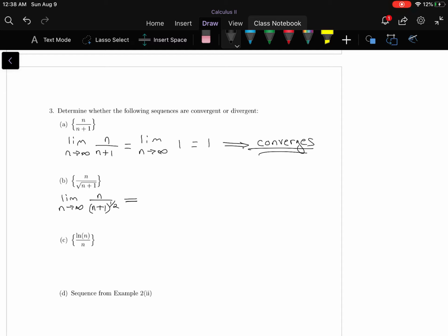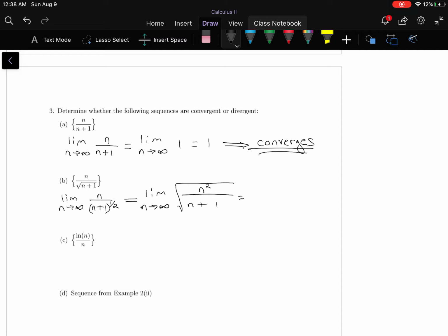You could use L'Hopital's again, or I am going to bring the n on top into the square root, and write this as the limit as n goes to infinity of the square root of n squared over n plus 1.